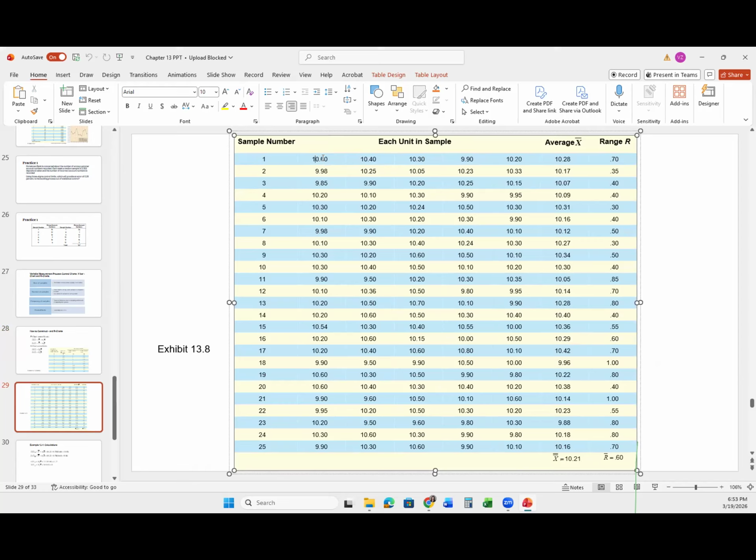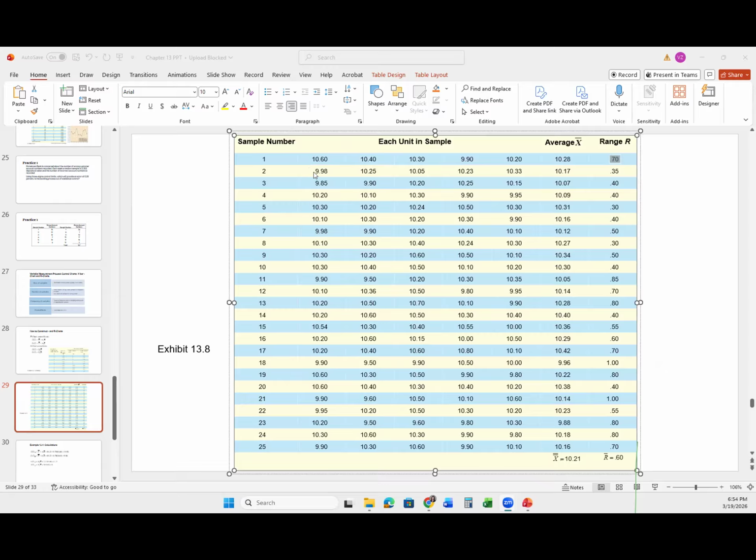So 10.60 minus 9.90, then we got 0.70. This is what we call range. Range equals the maximum number minus the minimum number for each sample.